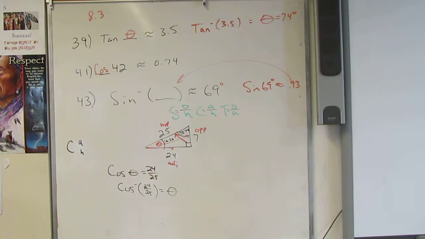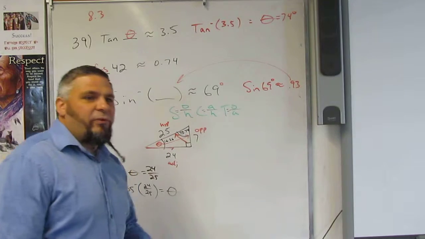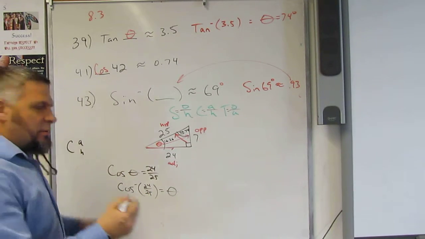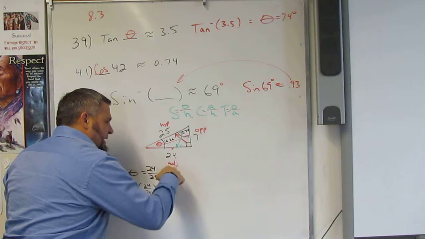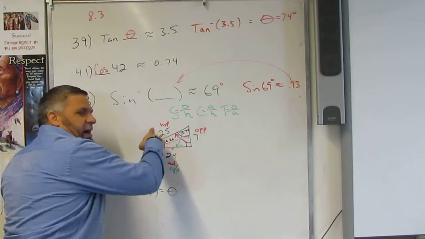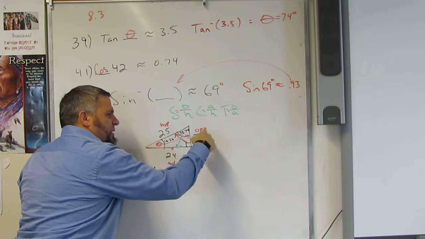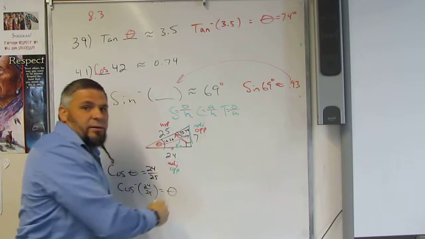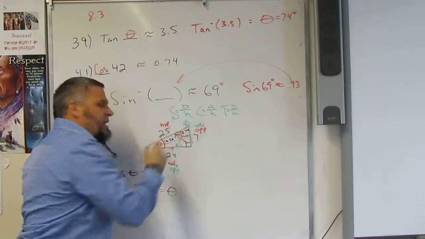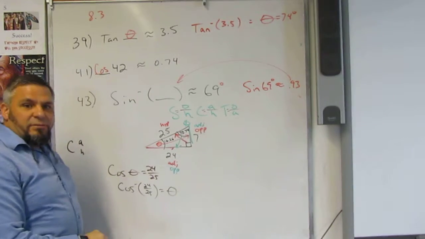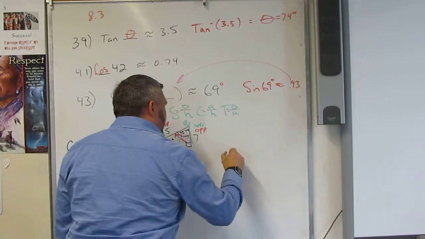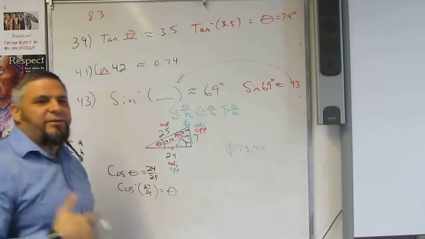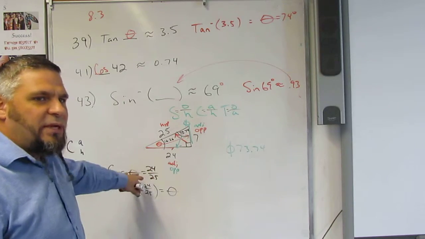Now I could have found this 73.74 by doing the same thing. If I went opposite, now adjacent becomes opposite. Hypotenuse stays the same, but the opposite becomes the adjacent for the green, because I'm talking about phi, which is different than theta. I know phi is 73.74 because I subtracted theta from 90.